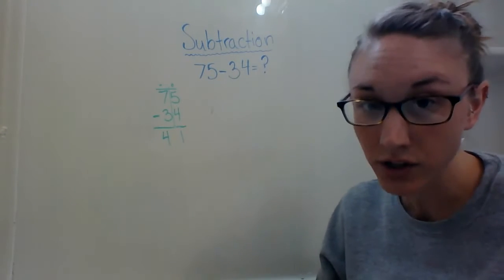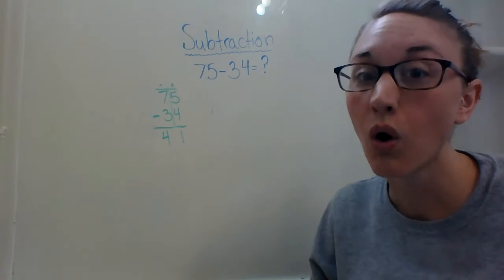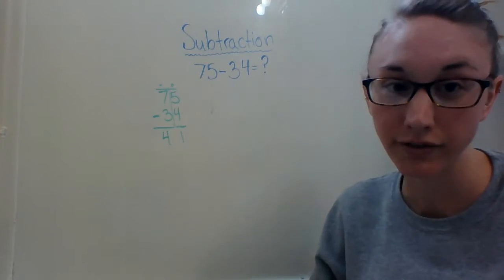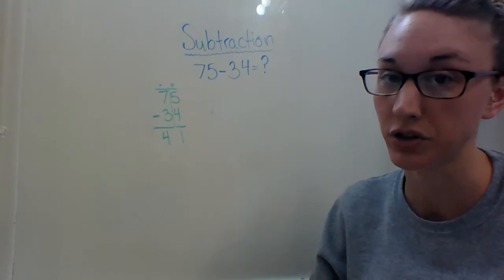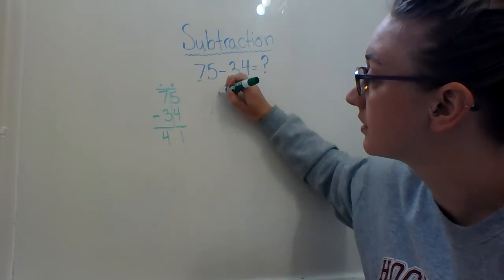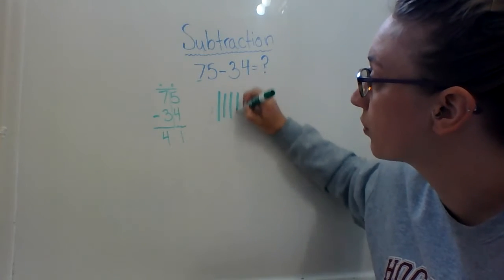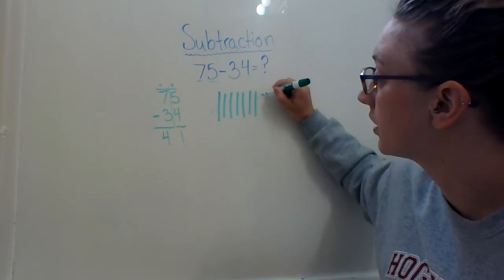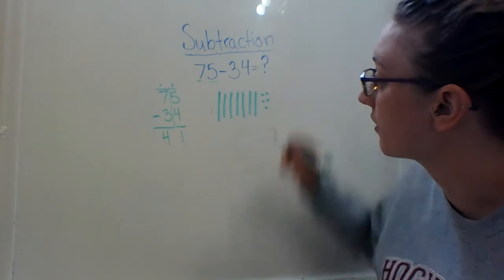Another strategy that you can use is base 10. Now, in subtraction, for base 10, you only have to draw the first number. So it looks like this. I have 7 tens, 1, 2, 3, 4, 5, 6, 7, and 5 ones, 1, 2, 3, 4, 5.